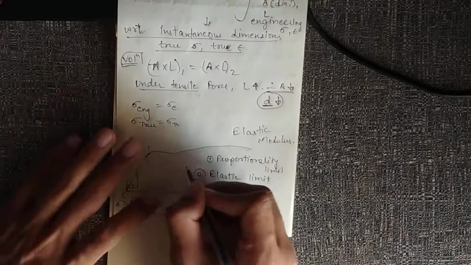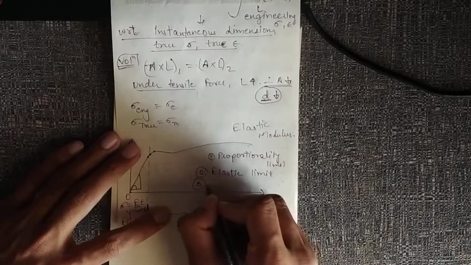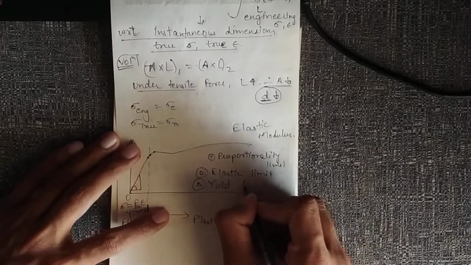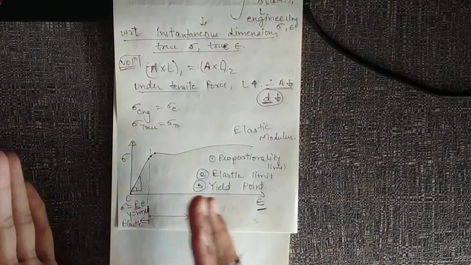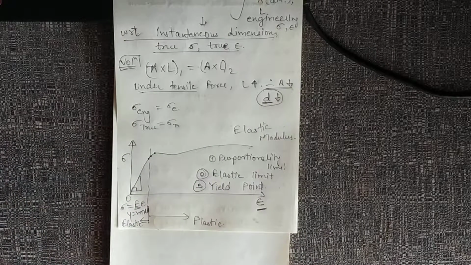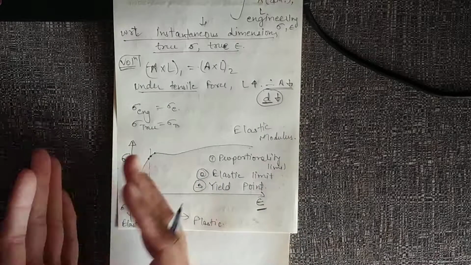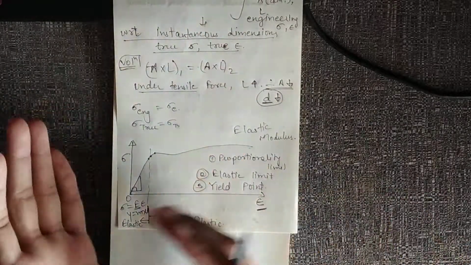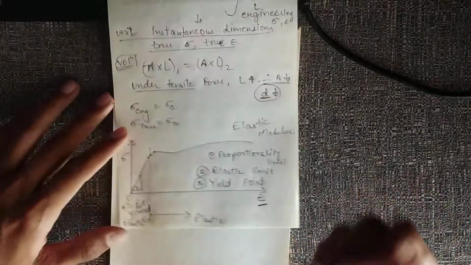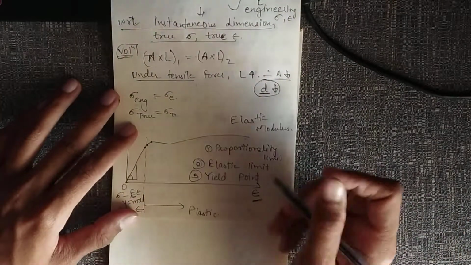Then the third point just after it will be the yield stress or yield point. If we reach the yield point, then we cannot come back to the original situation of the material. It remains stretched or compressed, whatever loads it had taken on it.